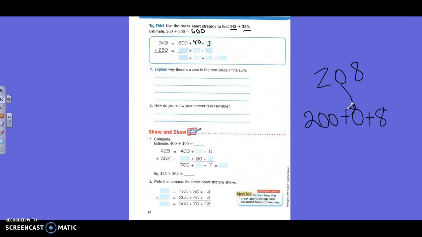Add up the ones place, and then add up the tens place, and then add up the 100s place. Start at the ones first. You always start with ones first.